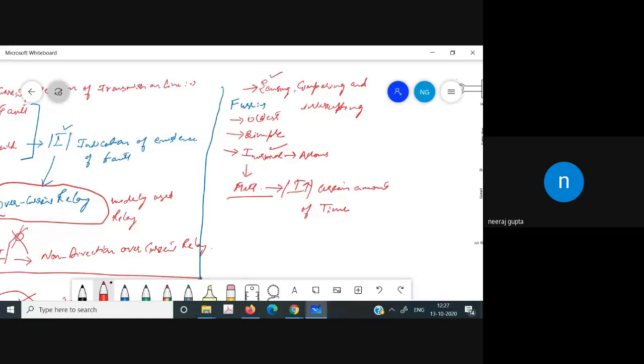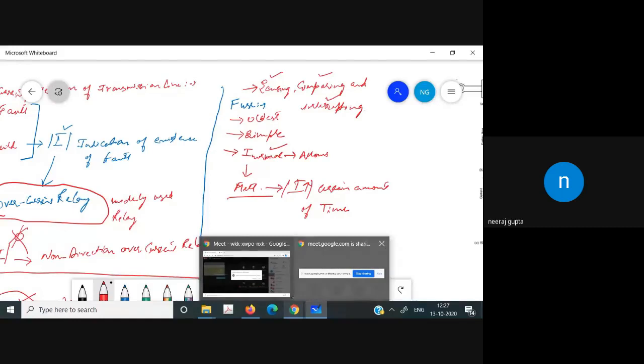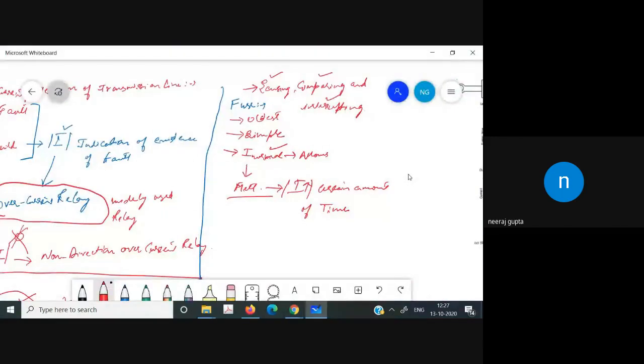So it senses the current and compares it with the predetermined current, that is, the current for which it is designed. If the current exceeds that, then it melts, that is, it interrupts. So all the three things are included in that. It acts as a sensing, comparing, and interrupting device.